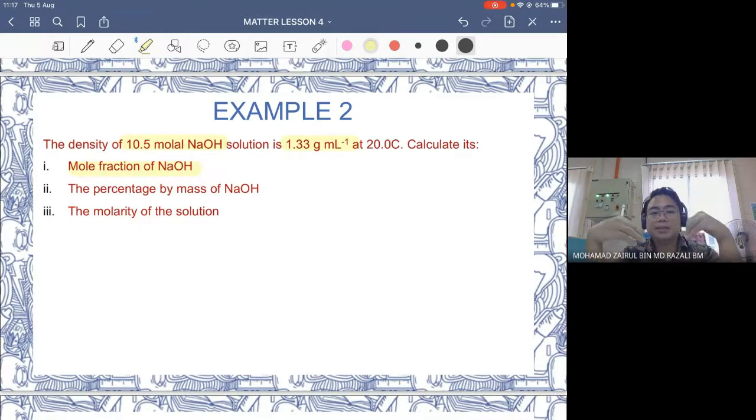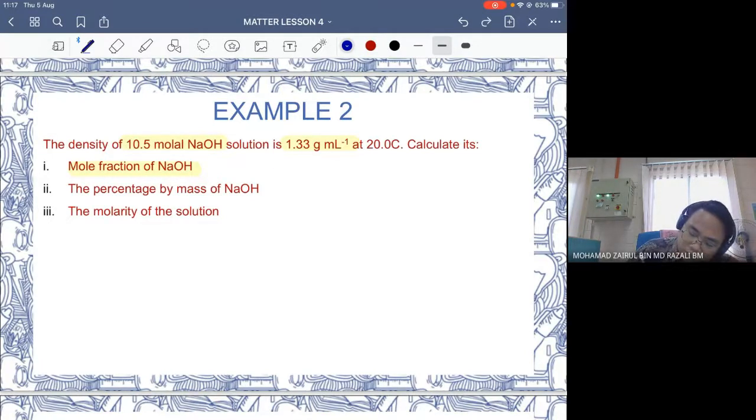Okay, macam biasa, macam soalan tadi juga, we need to list down the formula that we going to use. So the molality of NaOH is equal to 10.5 molal.